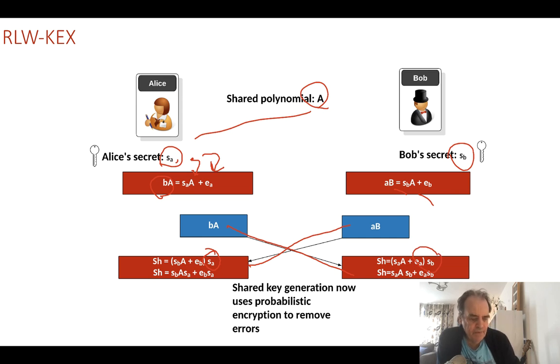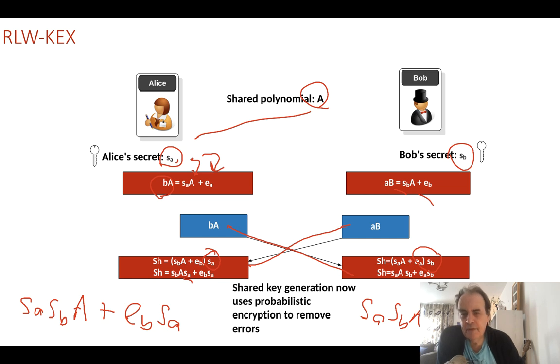We end up with S_A S_B A plus E_B S_A, and then over here S_A S_B A plus E_A S_B. This is defined as the noise or the error value.